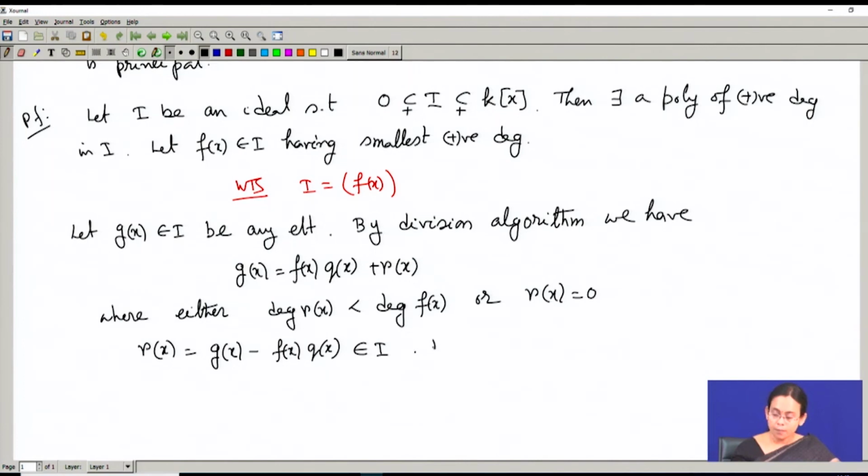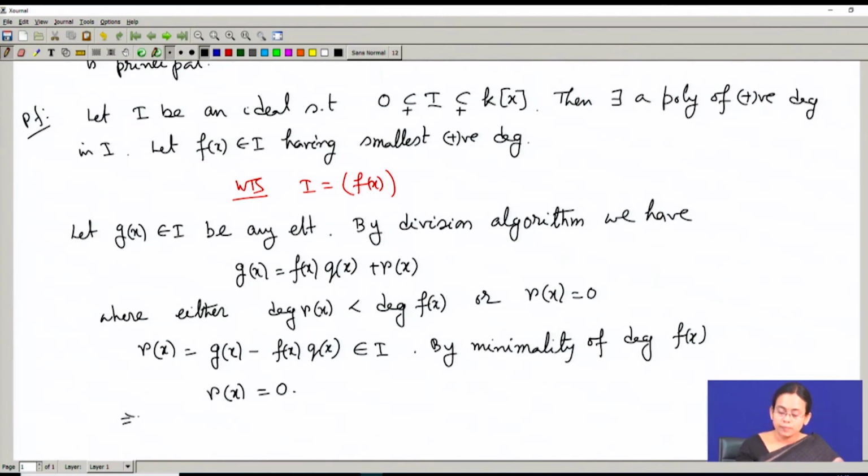So, by minimality of the degree of f(x), we can say that this r(x) is in fact equal to 0.